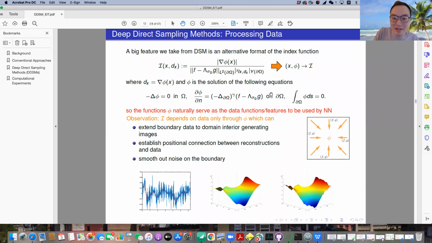But the DSM constructs such a function very nicely that can extend the boundary data into the interior of the domain. We find that this is really nice for building the neural network from those data functions to the reconstructed images. That's the foundation of the whole research. We hope this could get some attention from both the theoretical inverse problem community and the deep learning community.